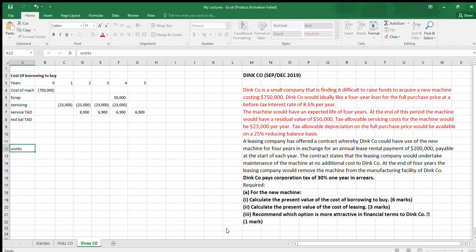Year 1, the TAD will go here. So let's bring year 1, year 2, year 3, and year 4. So here are your workings.